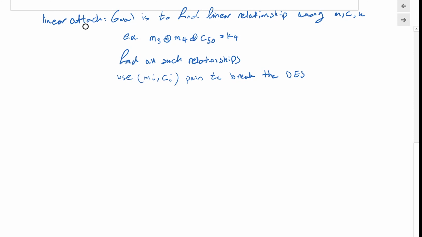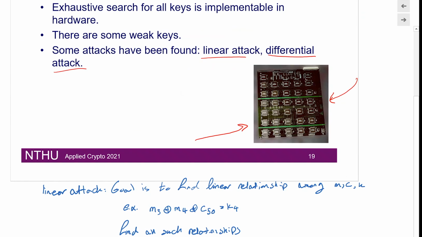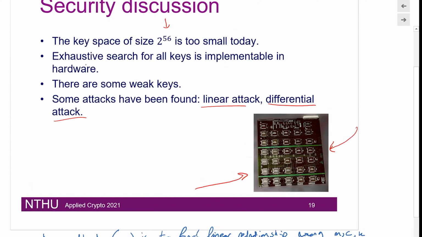For the best known algorithm, we know that the brute force attack, or exhaustive search, would take 2 to the power 56 trials, right?